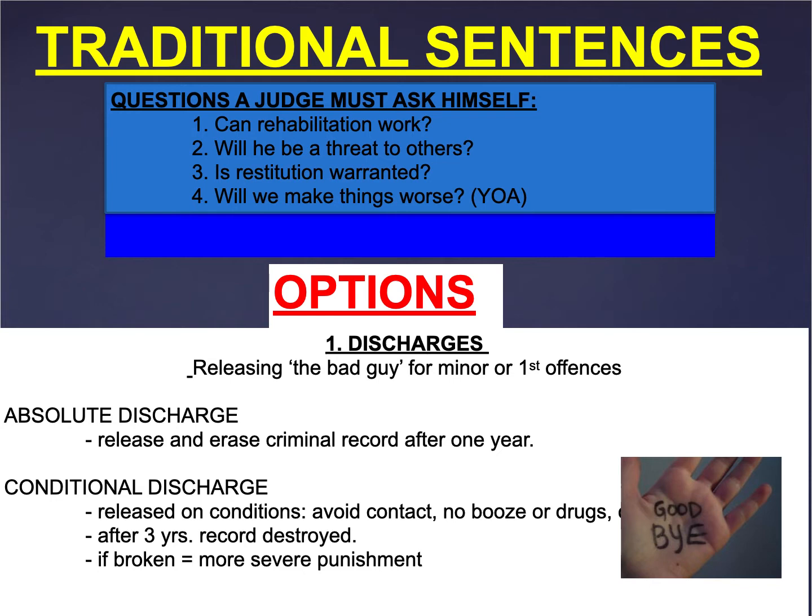There might be a probation officer, or no access to internet or phones. So there can be a lot of conditions on it. If these conditions are met, then usually after 3 years the record is destroyed. However, in a conditional discharge, if it is broken, the punishment usually becomes a lot more severe, and a warrant is issued for the person's arrest to face the judge once again.